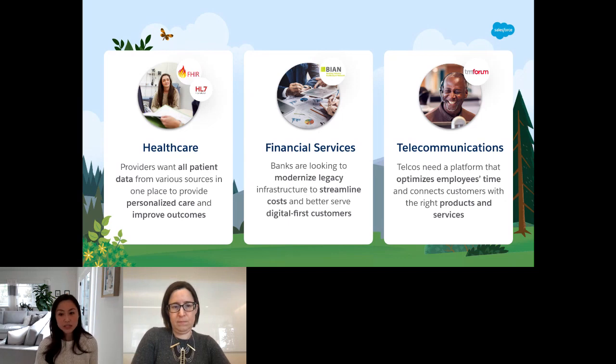In the financial services industry and banking, customers increasingly want digital first experiences. For example, I can't really remember the last time that I walked into a banking branch. And on the off chance that I do get a paper check, I want to be able to deposit that directly from my phone inside of my own house.